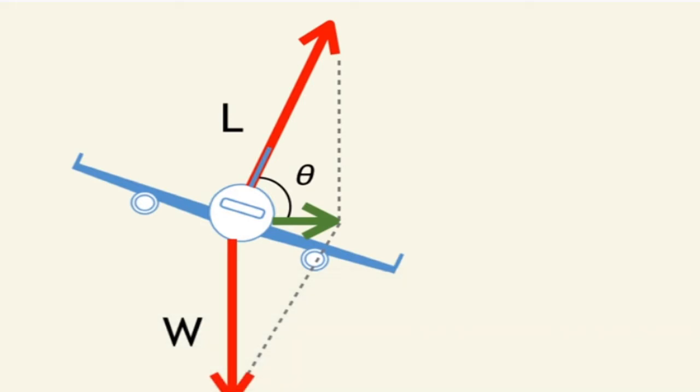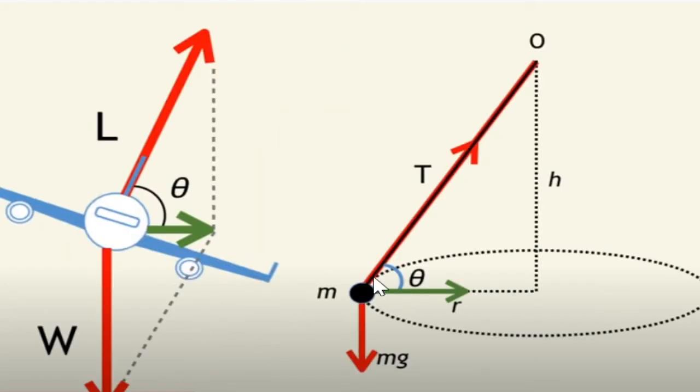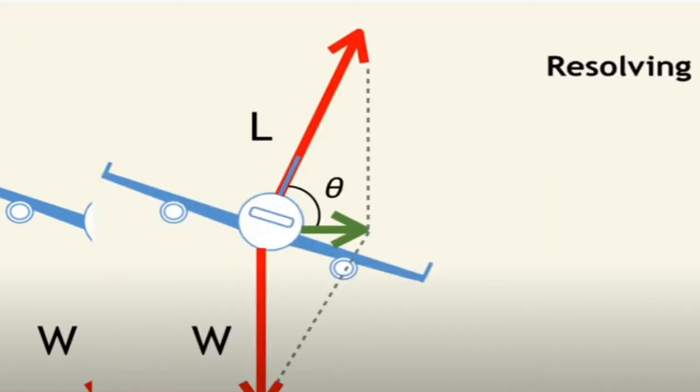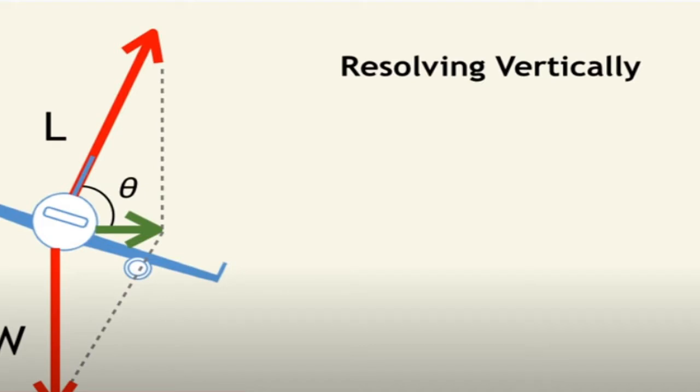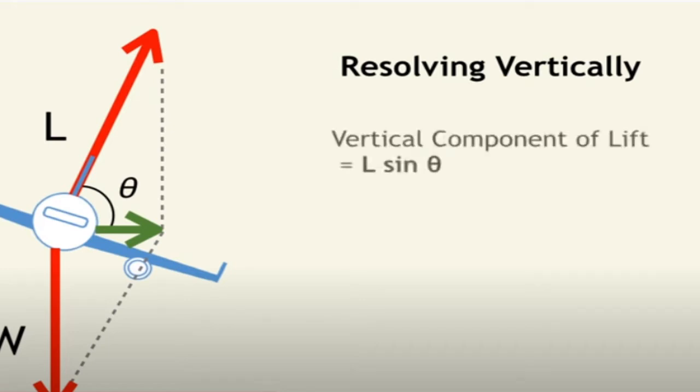So we are taking this horizontal angle instead of the theta that we used when we were looking at the conical pendulum. Resolving vertically, you're going to get L sine theta equal to mg, and then resolving horizontally, L cos theta is going to be equal to the centripetal force.